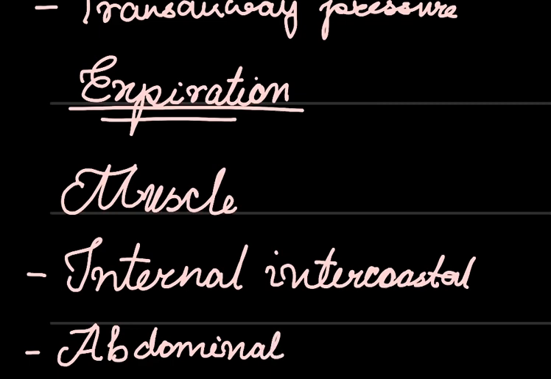These are the muscles, along with the muscles of our neck and back as well. Now talking about the internal intercostal muscle, it pulls the ribs backward and downward. Abdominal muscles push the diaphragm up more and create more dome shape in order to help the lung to expire.